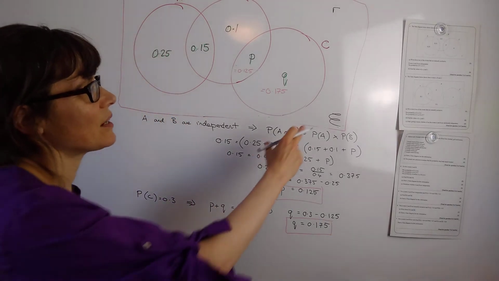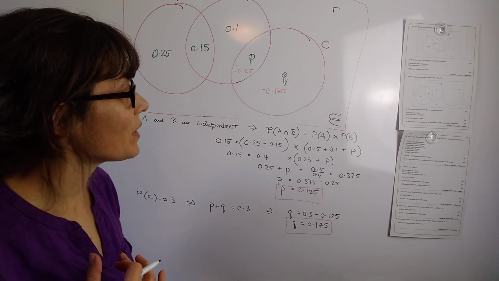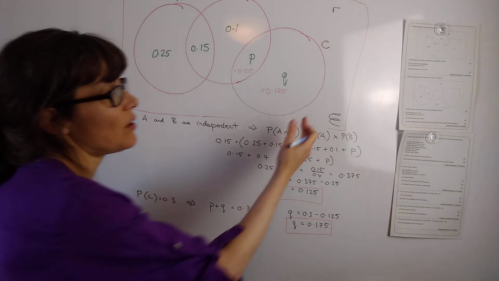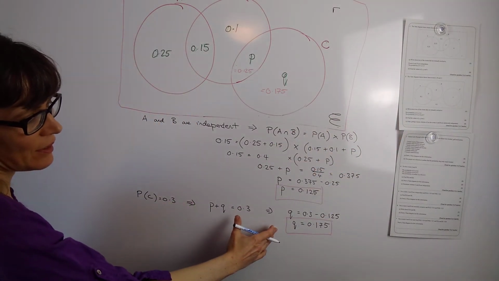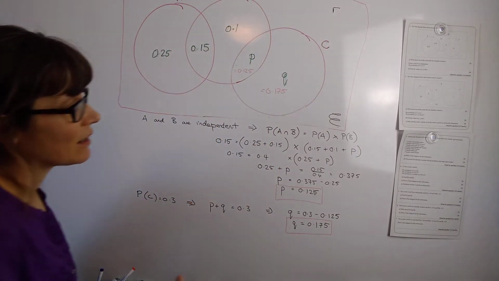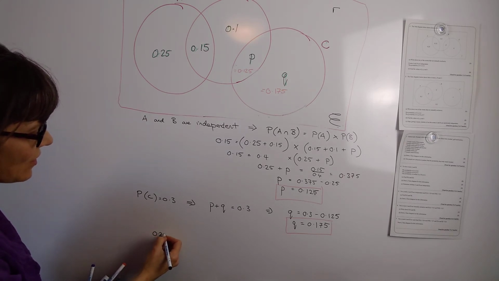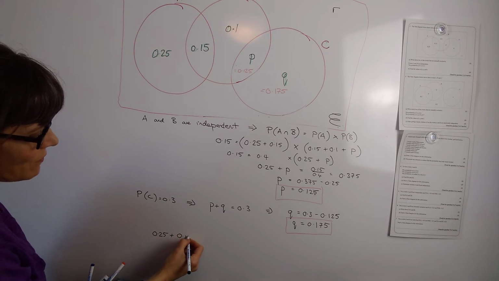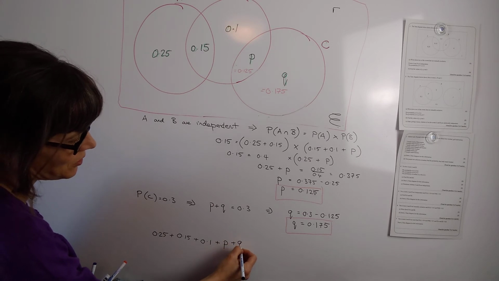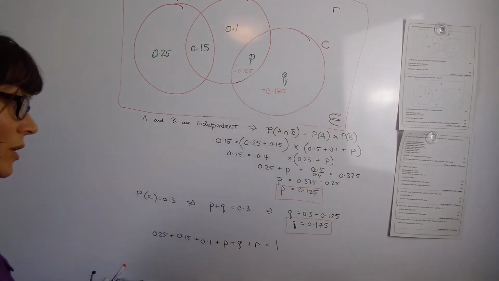If we add up all of the probabilities in this group, we must get to 1. There's no one escaping outside. So if I add up all of these, I should get 1. So if I do that with the whole list, I get 0.25 plus 0.15 plus 0.1 plus P plus Q plus R, all adding up to 1.